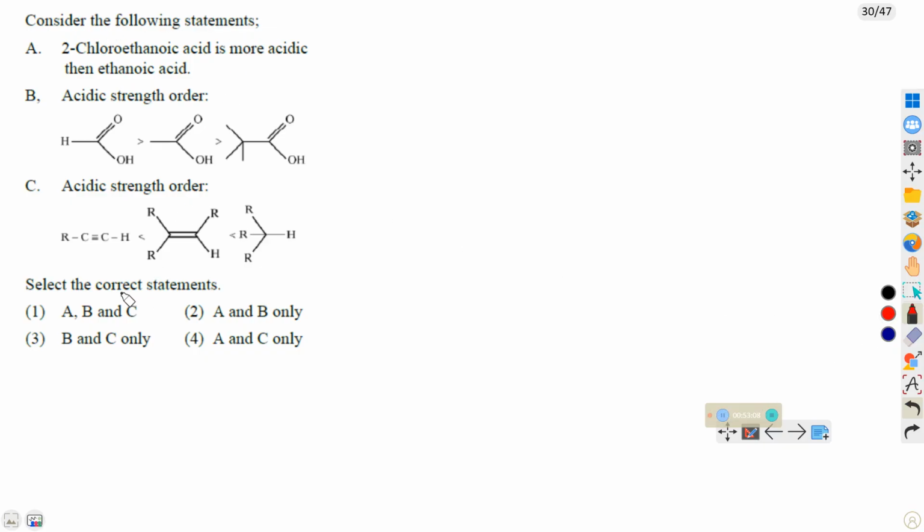Consider the following statements. Select the correct statements. 2-chloroethanoic acid, CH2ClCOOH, is more acidic than ethanoic acid. Correct. Why? Because here chlorine acts as an electron withdrawing group.